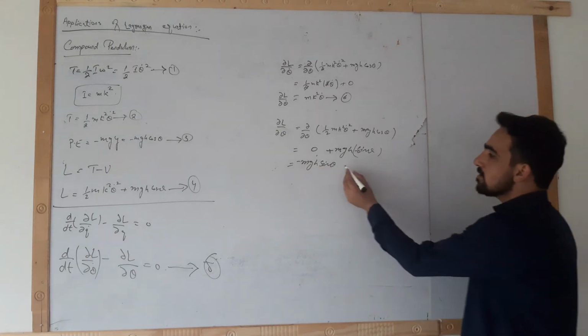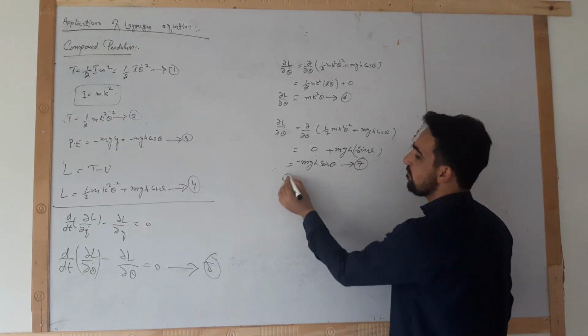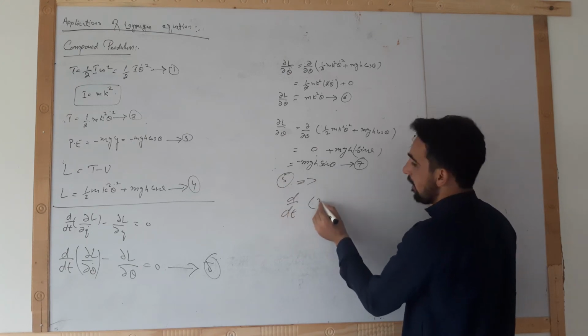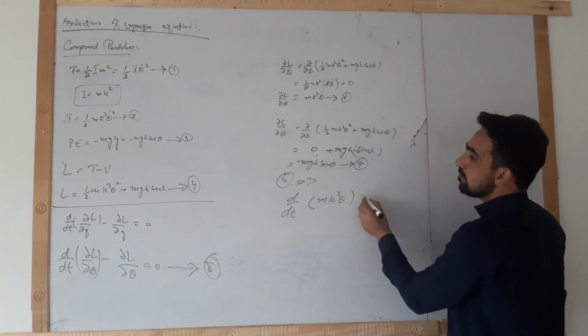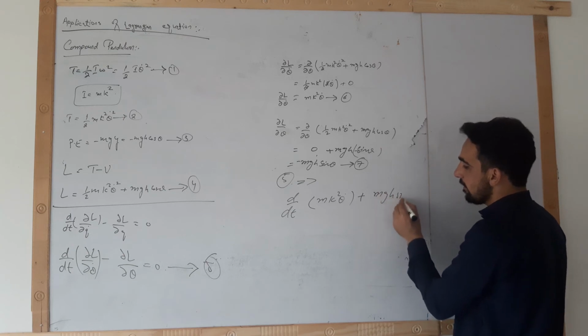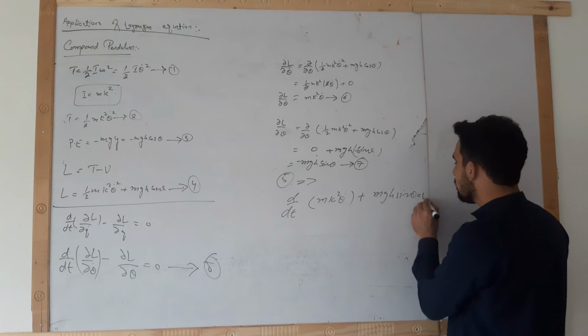Now we can substitute equations 6 and 7 in equation 5. So 5 becomes d by dt of m k square theta dot, minus minus mgh sine theta, two negatives make a positive, is equal to 0.